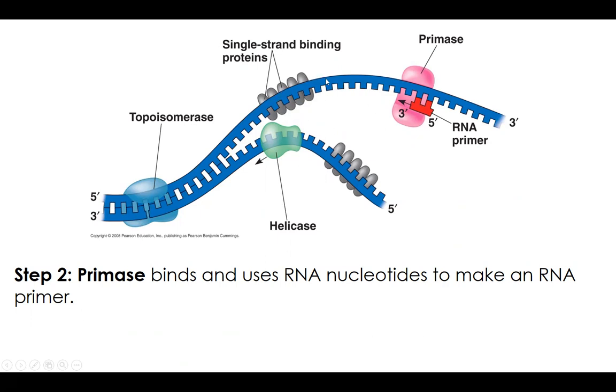Once these two strands are apart, an enzyme called primase comes in and adds what we call a primer. A couple of things about this primer. First of all, for whatever reason, our DNA polymerase that we're going to talk about soon cannot just come in and start dropping nucleotides down.